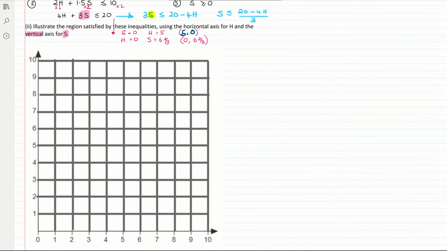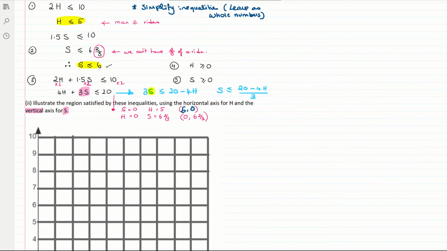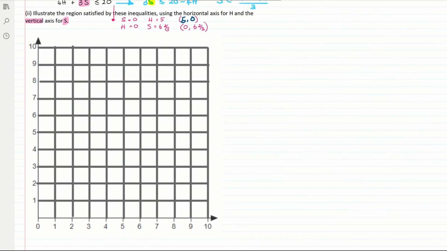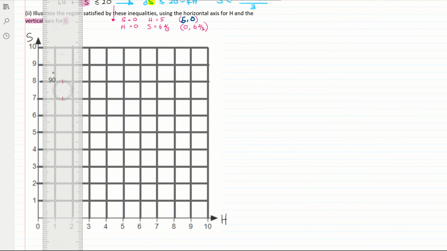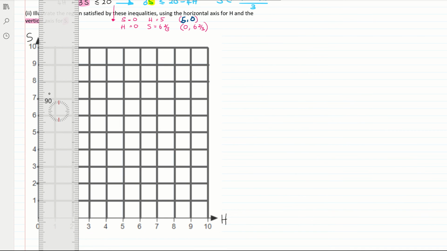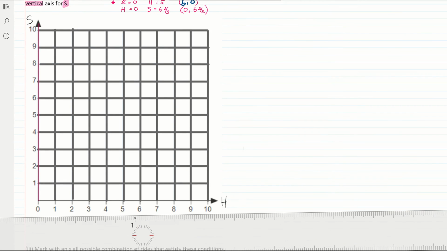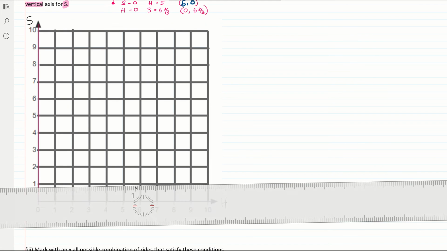And then I can start plotting all of that. I'm going to plot those two first, because these are just the x-axis and the y-axis. And this is H, and this is S. So over here and over there. So I've plotted those two. You must plot them all.